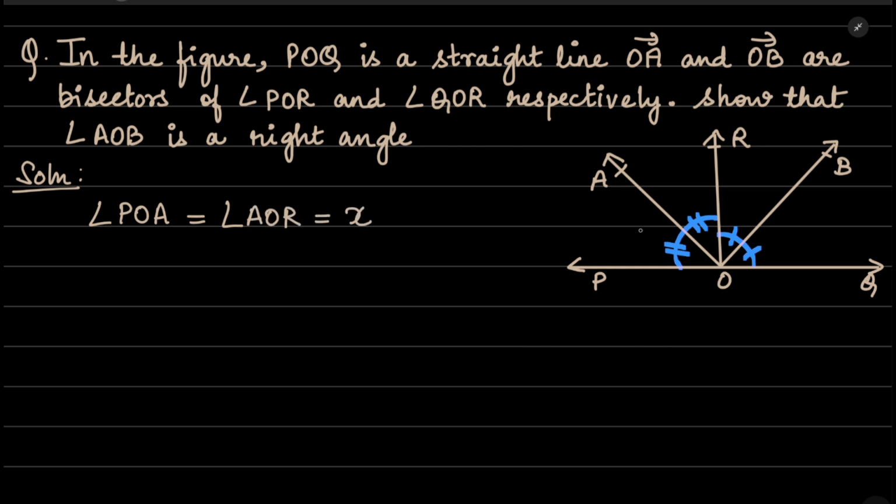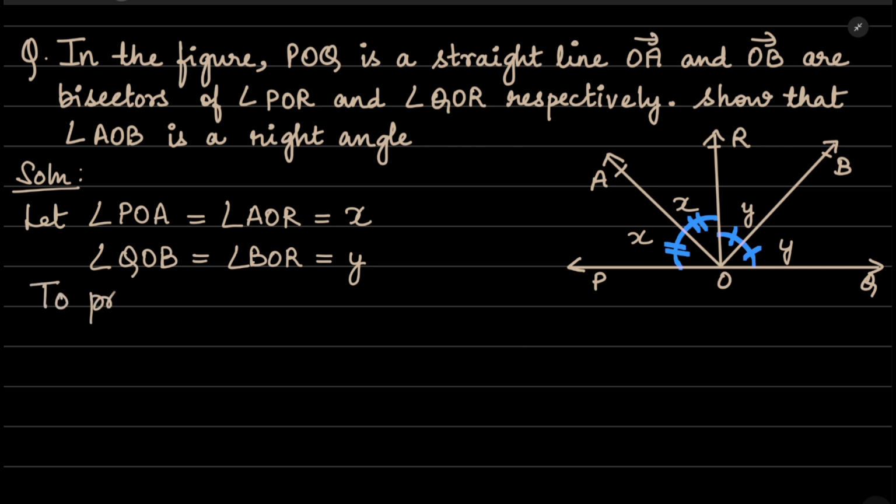Let that be X. And let angle QOB equal to angle BOR. Let these two be Y. You have to prove that angle AOB is a right angle, which means it's 90 degrees.